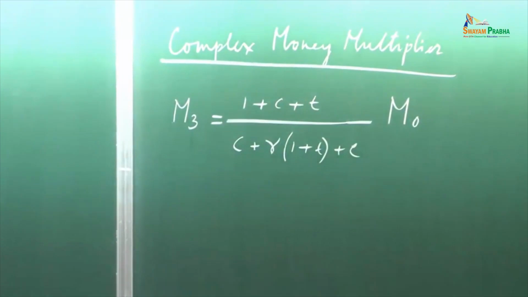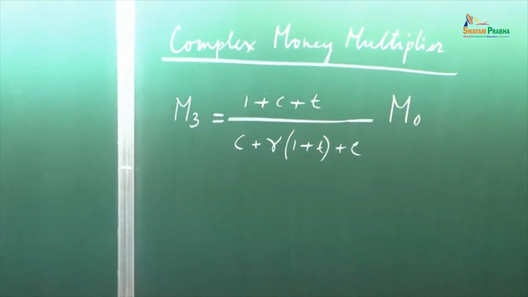So, they found that the multiplier is not really the variable responsible for the change in the money stock, M3. They found that the change in M0 was the primary thing causing the change in M3.